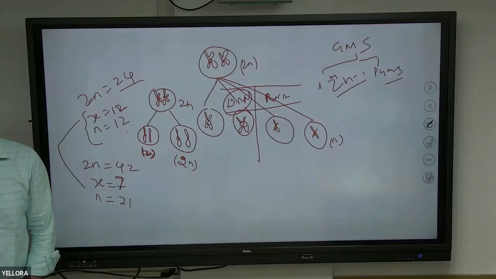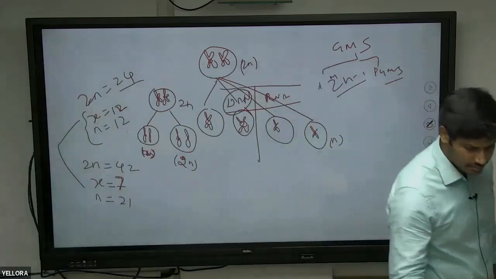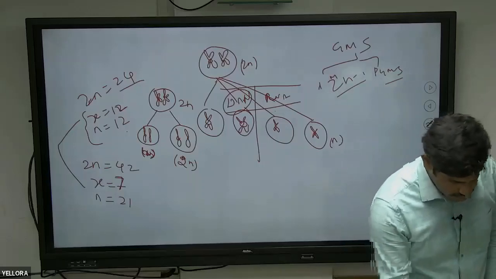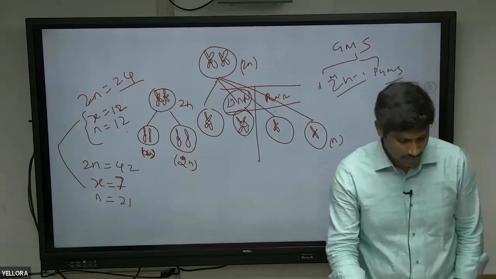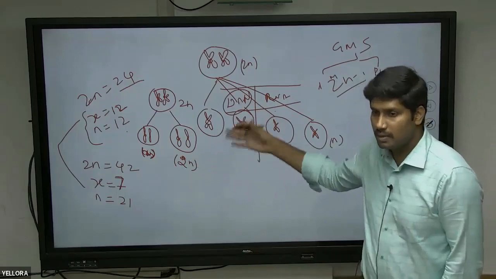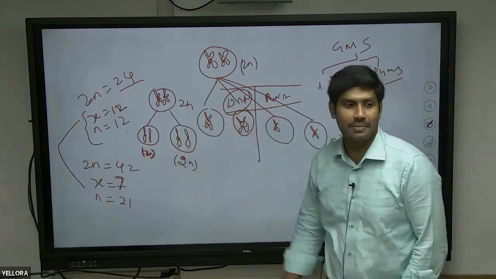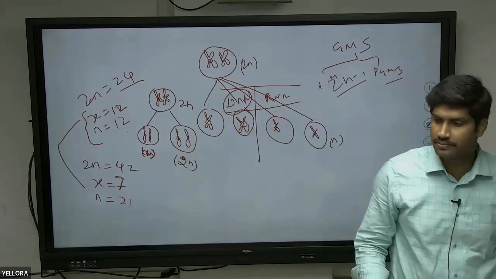But what is the haploid number? 26. Right. This is the difference. Here you can define what is monohaploid, what is polyhaploid, and then you can give this illustration along with the example. 2-3 points, that's enough.